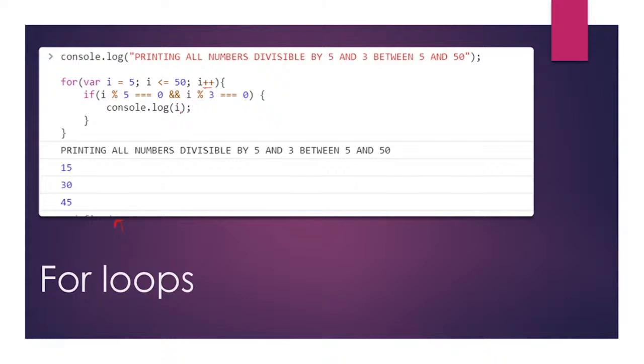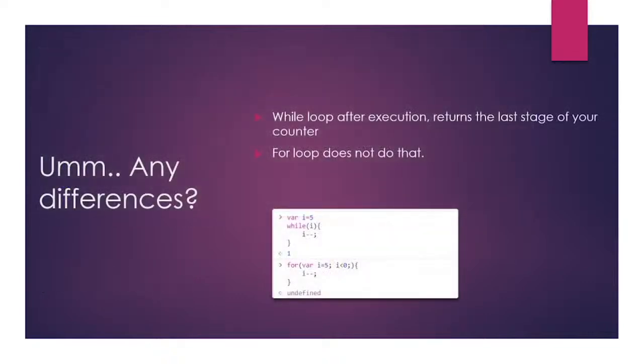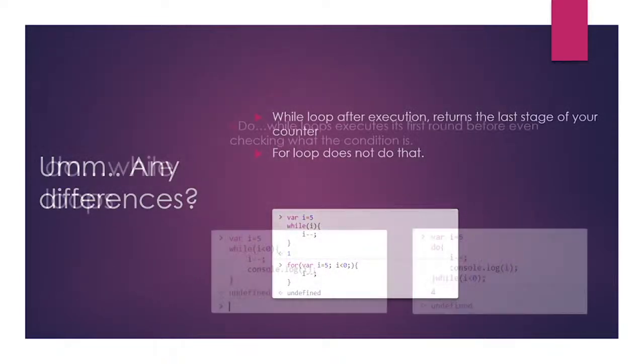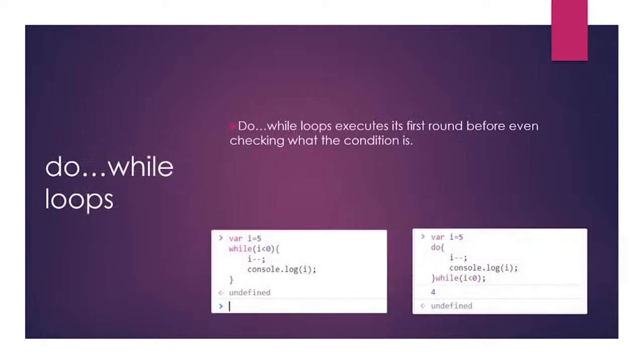Okay, so with the same condition, if we have console.log here, it prints 15, 30 and 45 as we expected, but it doesn't return 51 here. Okay, yeah, so the differences, I got you covered back there.